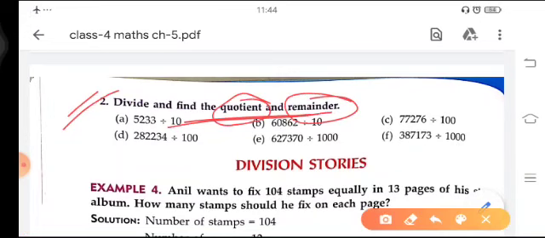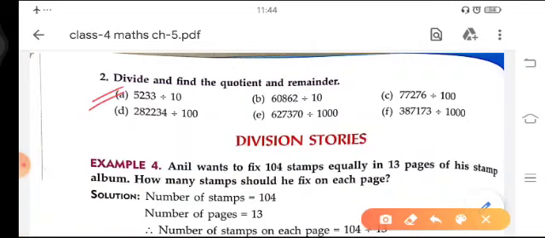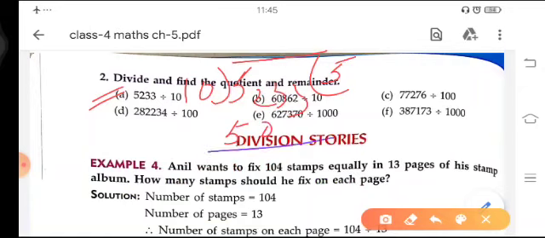Okay, we will see the first part. In the first part we have to divide 5233 by 10. So we will write like this. 10 5s are 50, 10 2s are 20, 10 3s are 30.